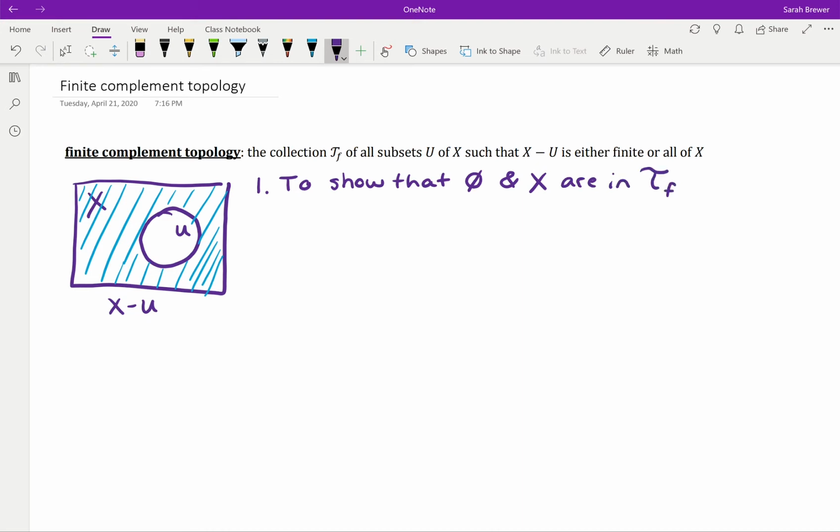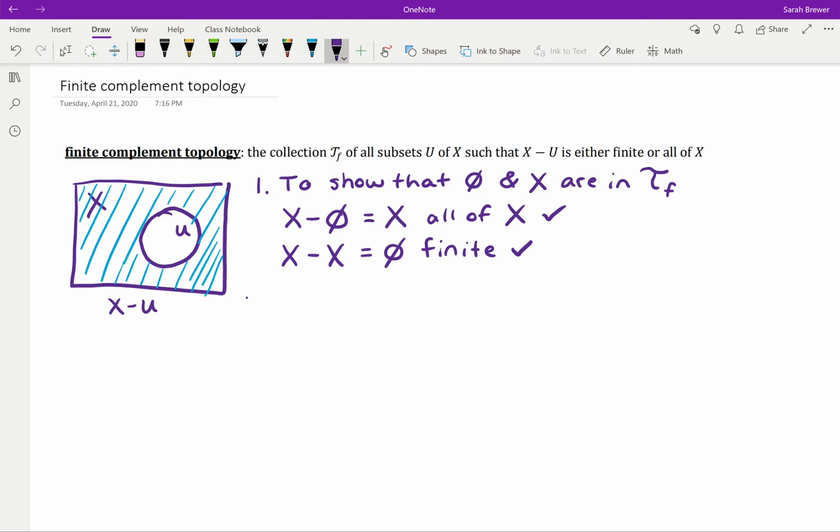So this is pretty simple because if I look at the complement of the empty set, I get the entire set itself, which is all of X, right? So that works. And if I look at the complement of X, I get the empty set, which is finite. So we're good there. Okay.